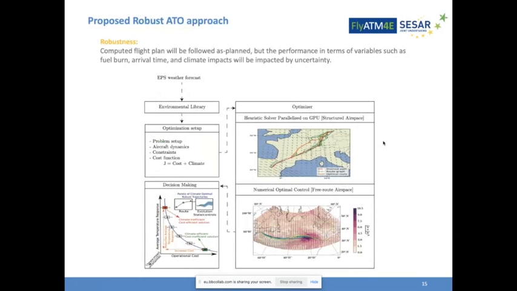So now I want to address this gap with our proposed robust approach. The robustness that we refer to in fact means that the computed flight plan will be followed as planned, but the performance in terms of variables such as fuel burn, arrival time, and climate impact will be impacted by uncertainty.